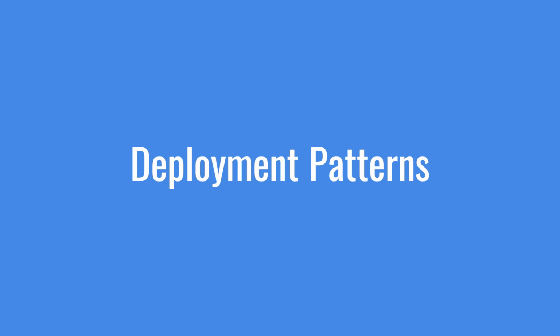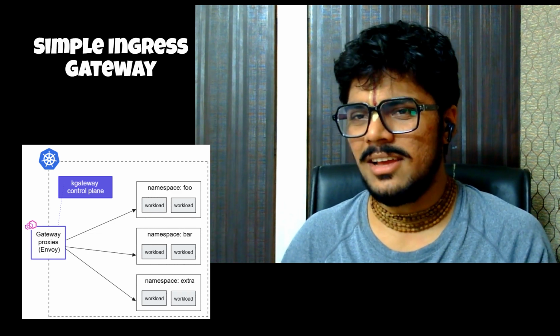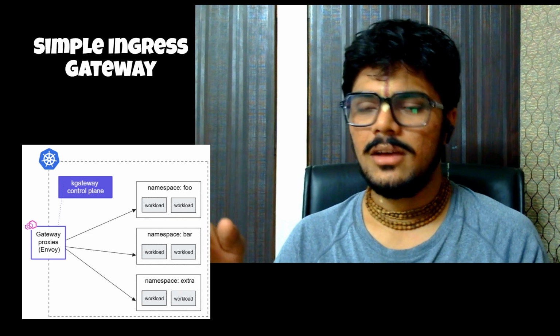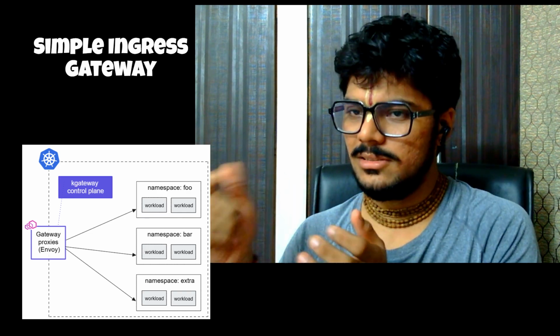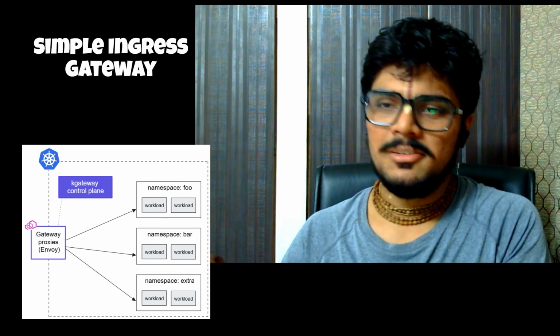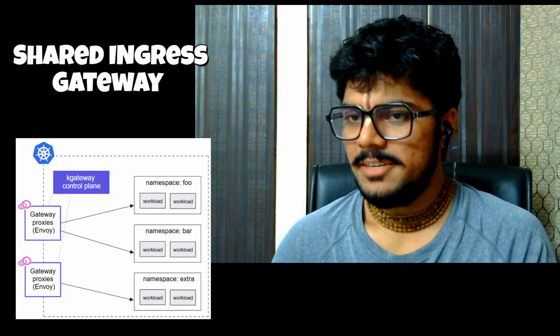Other than that, we also have various deployment patterns in kgateway. One of them is the simple ingress. Simple ingress just has a simple Gateway API deployed onto your cluster, which will handle various different services depending upon the policies that were laid. And then we might also have a shared gateway.